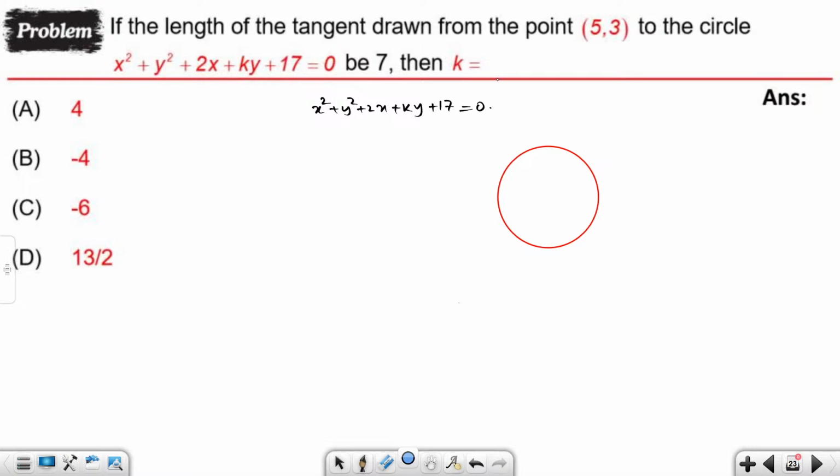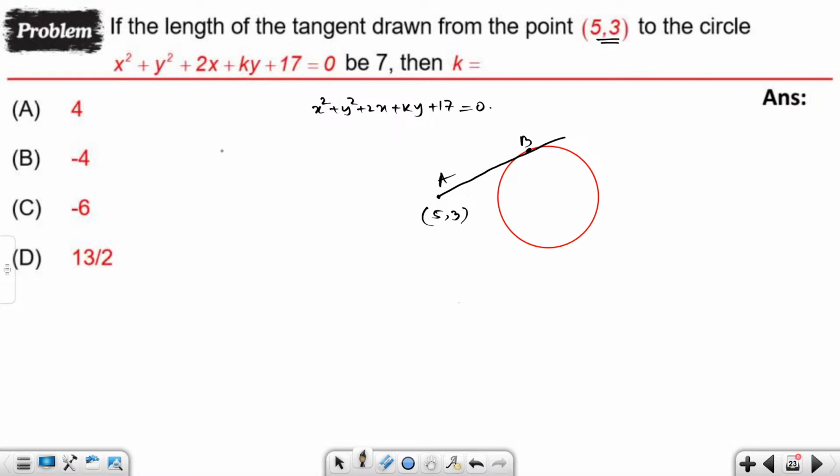So we have to find out the length of the tangent. The point is here. The point is outside the circle, which is your 5, 3. And they have said that the length of this tangent AB is 7. So find the value of k. Direct application of the length of tangent. So what I will do, I will simply put this point in the given equation, right?